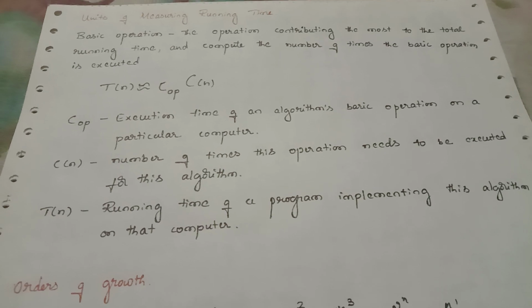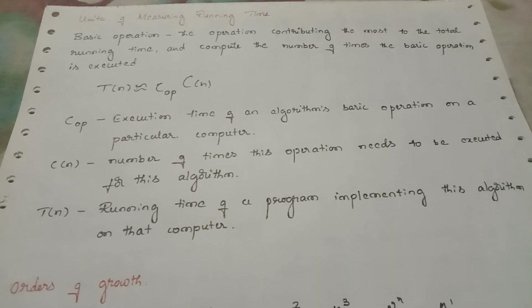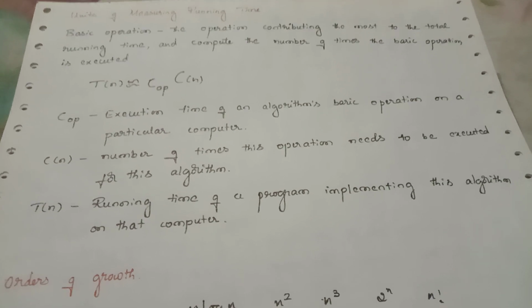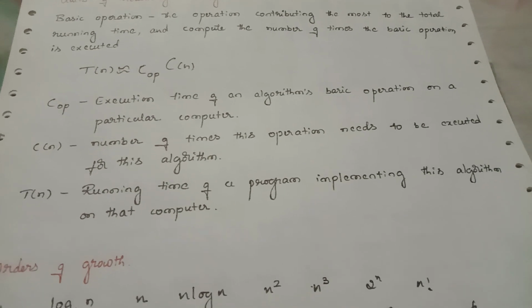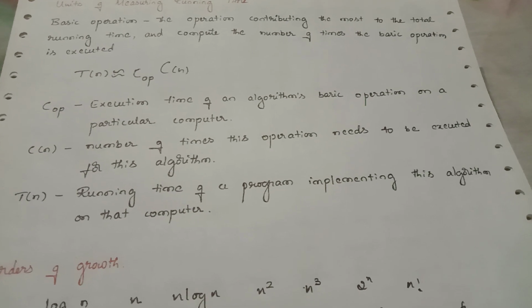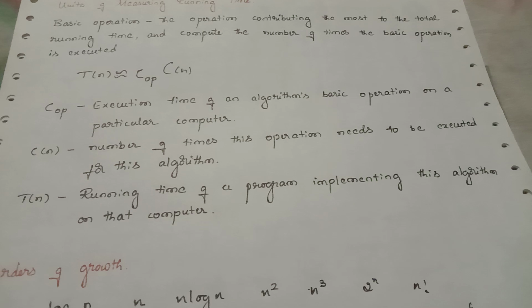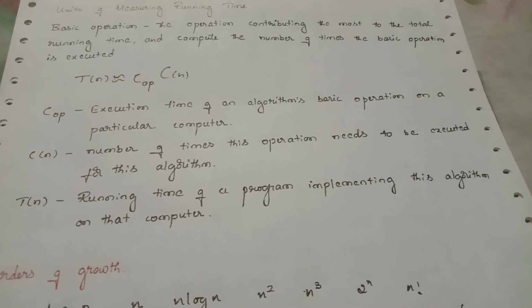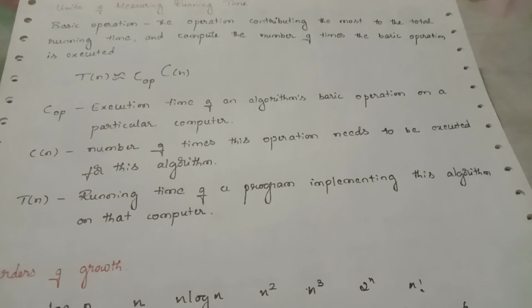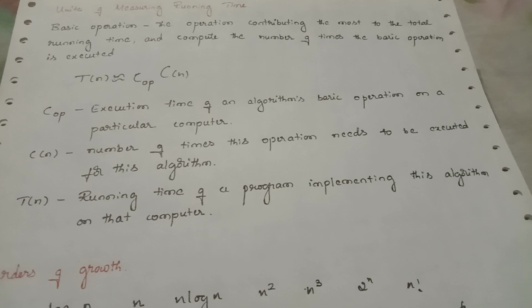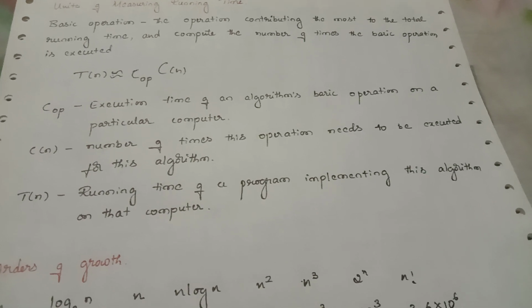For that there is a formula: T(n) ≈ C_op × C(n). Here T(n) indicates the running time of a program implementing this algorithm on that computer, C_op is the execution time of the algorithm's basic operation on a particular computer, and C(n) is the number of times this operation needs to be executed for this algorithm.